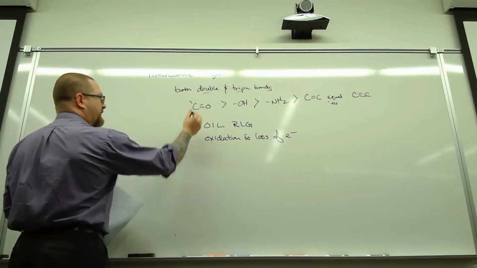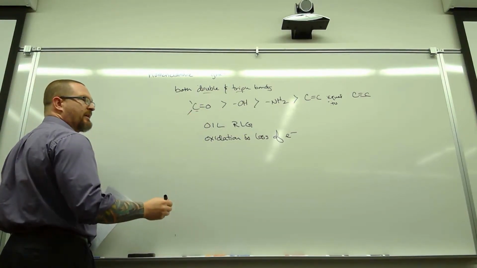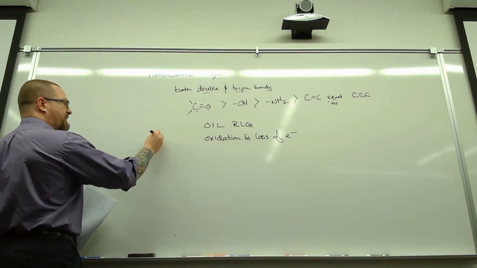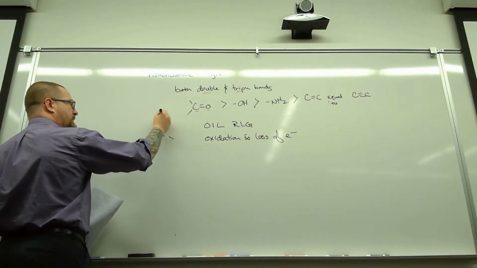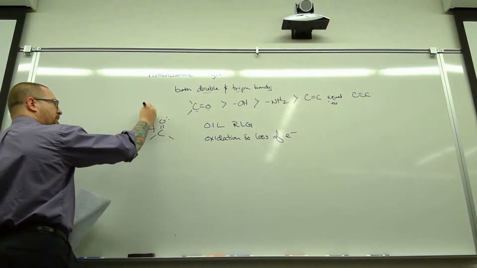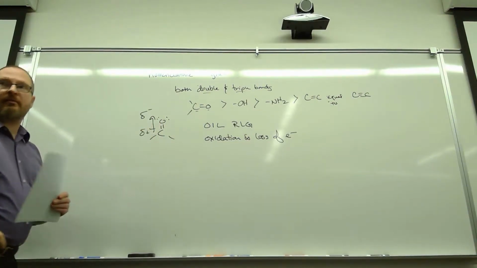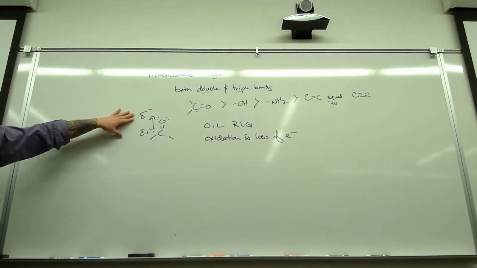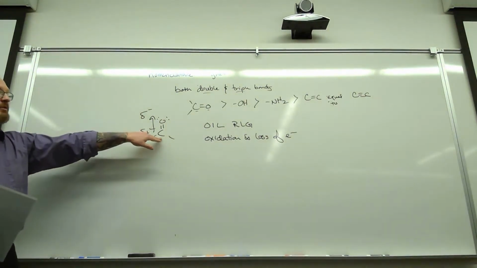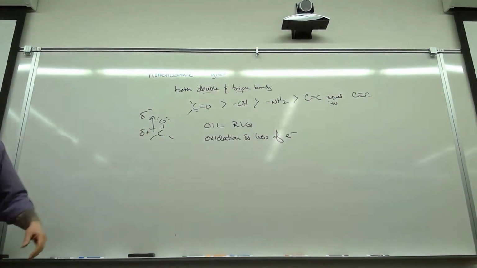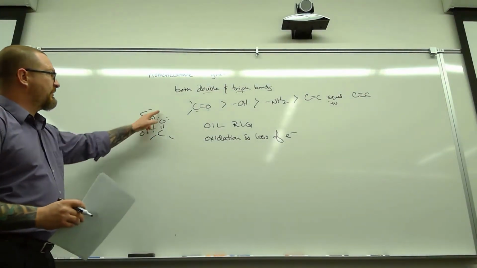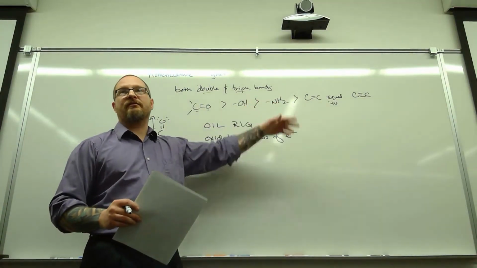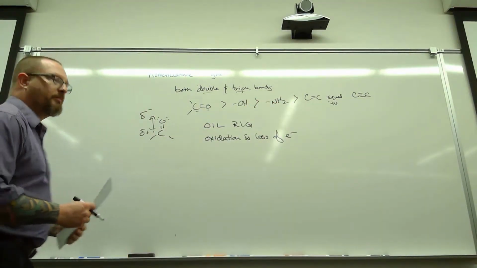So this carbon is going to be more oxidized because of the presence of that oxygen being attached to it. Because of that partial negative charge going up this way, it's losing its electron density, which is why that particular group is oxidized. And this is going to do it more powerfully than this, which will do it more powerfully than this. Oh, okay, that makes sense. No problem.